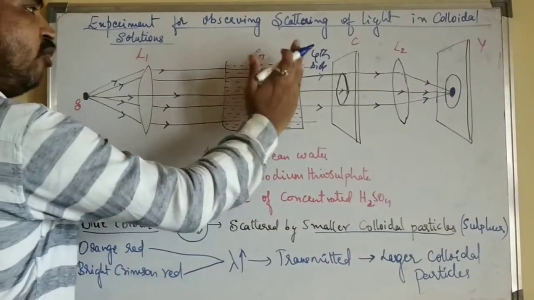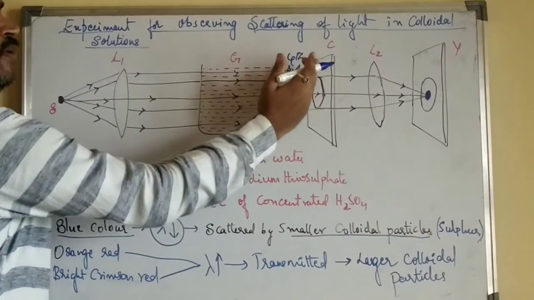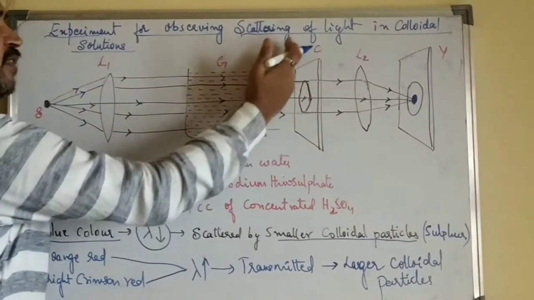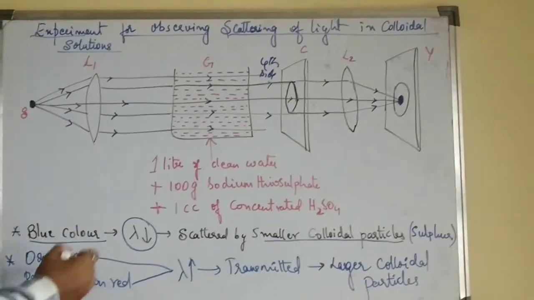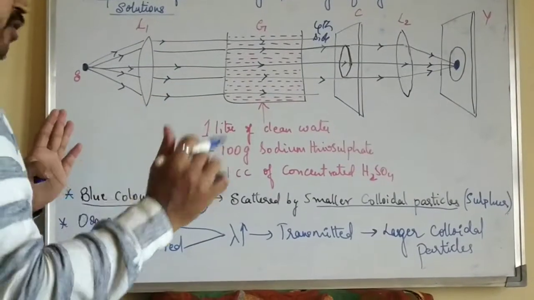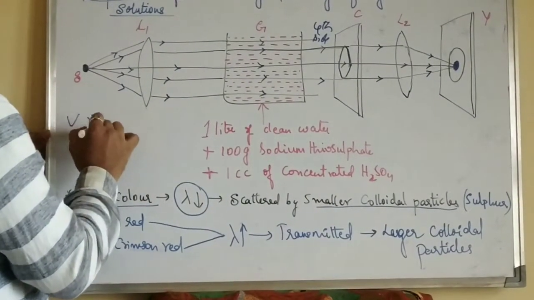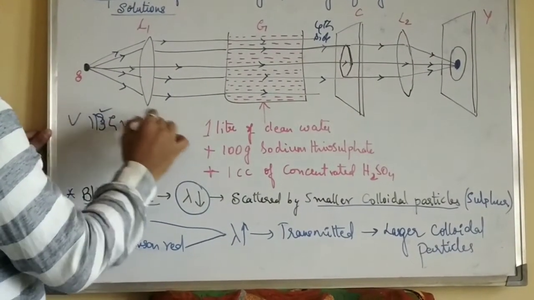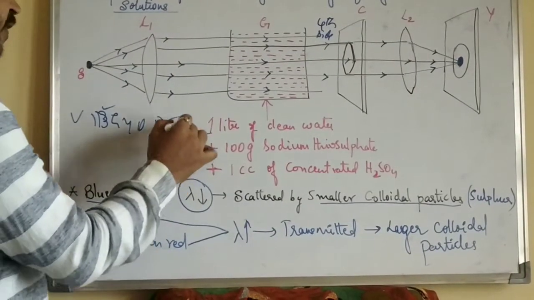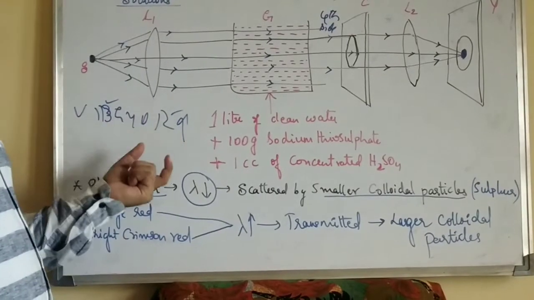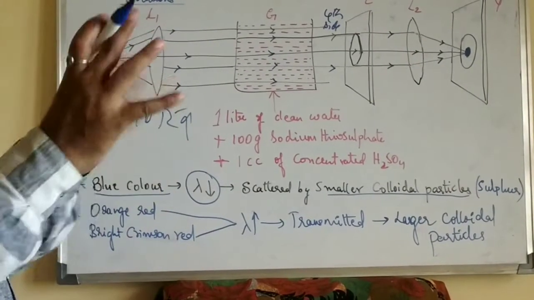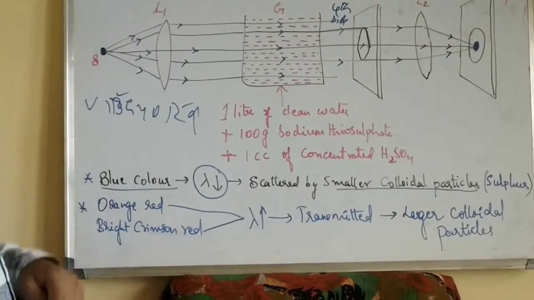Now you have one more side, the fourth side, which is facing the cardboard having the narrow hole. Now what happens? After blue light, you will get red light in the VIBGYOR, right? After blue light you will get red light, whose wavelength is much higher. So that red color comes with a mixture of orange and bright crimson red.